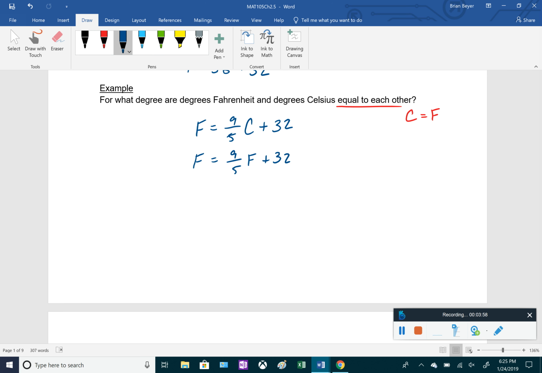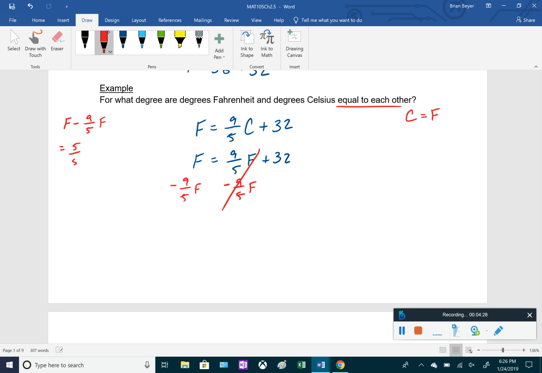So it's a linear equation in one variable because there's only one variable now rather than two. What we can do is subtract 9/5 F on both sides to get the variable on the left. It cancels over here. I'm going to do this as side work. For the left-hand side of the equation, we get F minus 9/5 F. We need a common denominator.